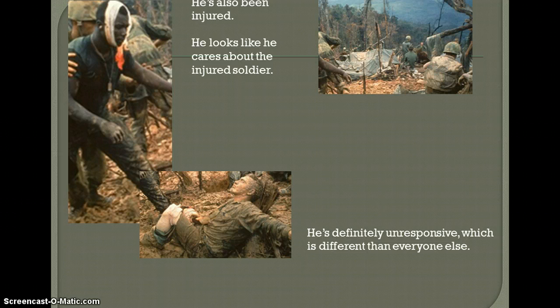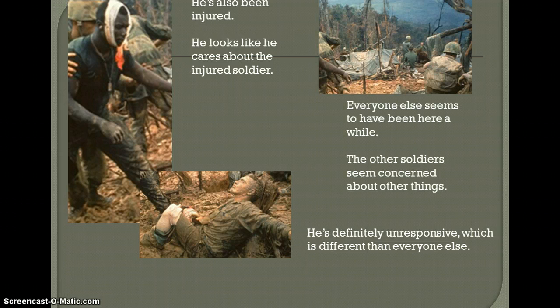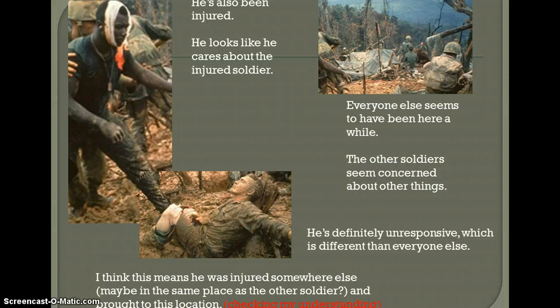And these guys, well, they seem to have been there a while, and they seem concerned about other things. I think this means that the injured guy on the floor was injured somewhere else, maybe in the same place as the other soldier headed towards him, and brought to this location where all the other soldiers are. By checking my understanding, I'm forcing myself to deal with my confusion head on.